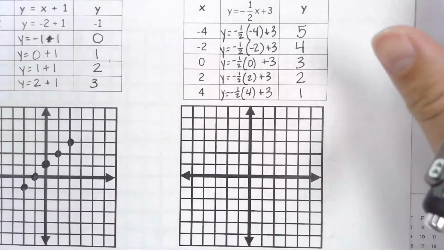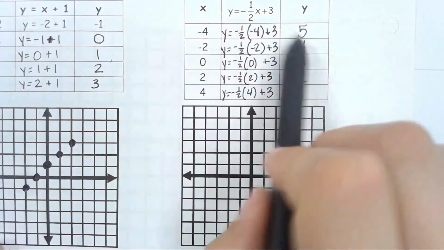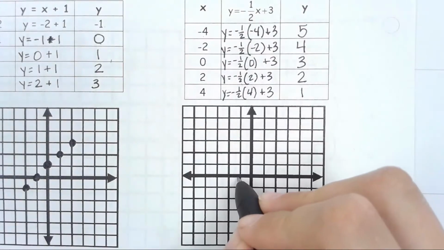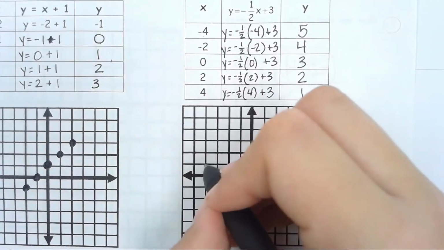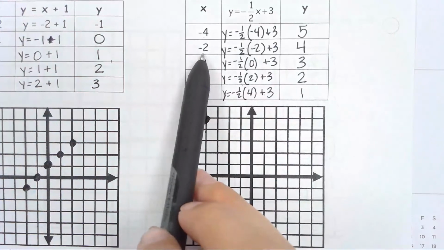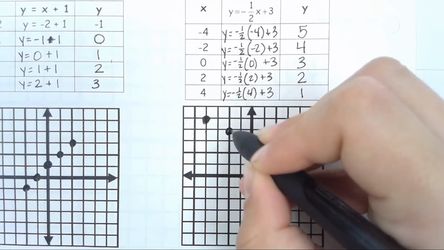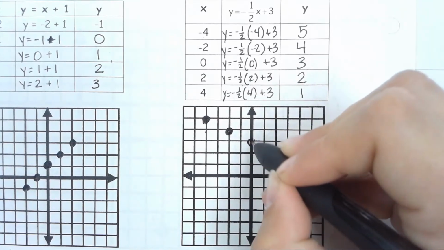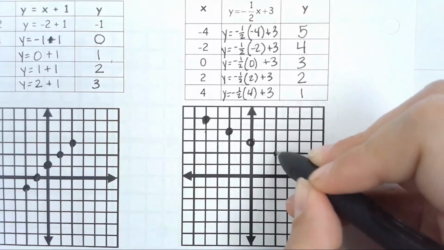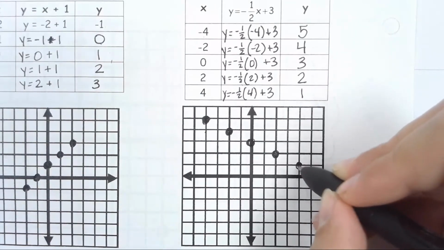So again, once you figure out your function, your outputs, you can now start graphing your ordered pairs. So the first one is -4, comma 5. Next one is -2, 4, 0, 3, 2, 2, and 4, 1.